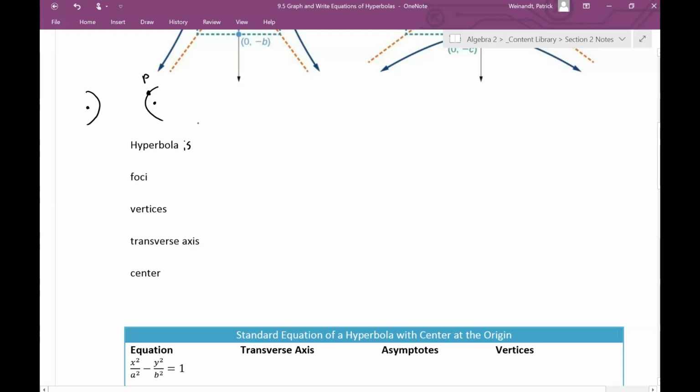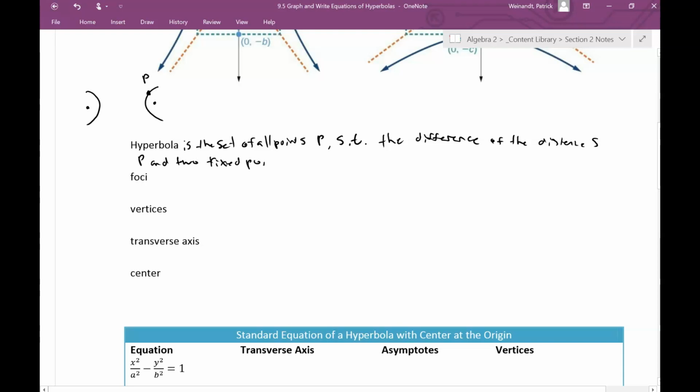the definition of a hyperbola is that it is the set of all points P such that the difference of the distances from P to two fixed points, those are called the foci again, is a constant.